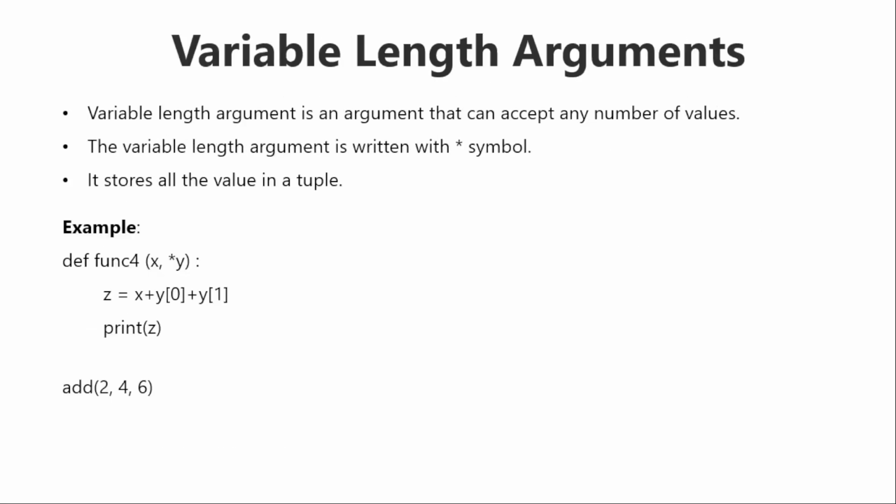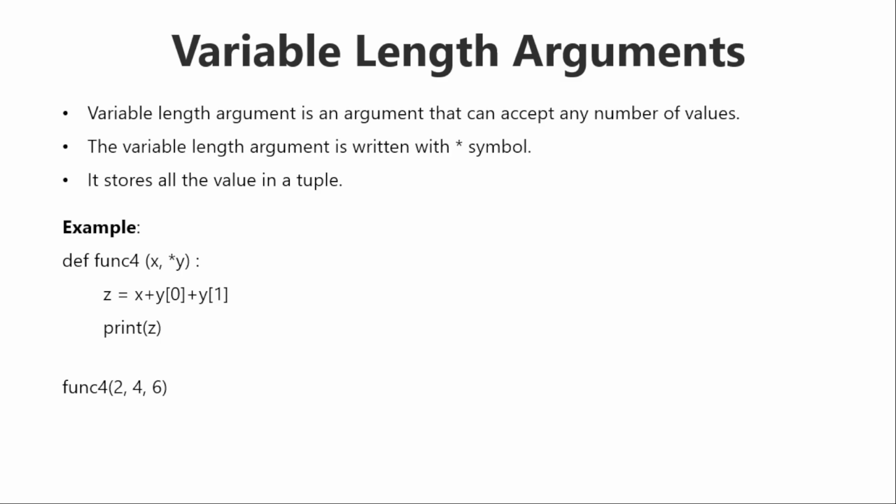Now let us move to variable length arguments. A variable length argument is an argument that can accept any number of values. The variable length argument is written with a star symbol. It stores all the values in a tuple. If you look at the example, func4 x comma star y.